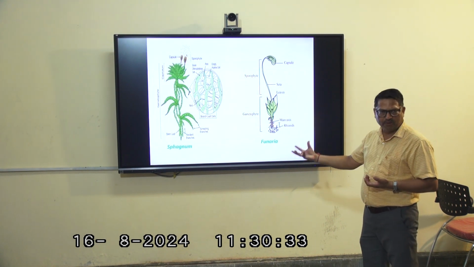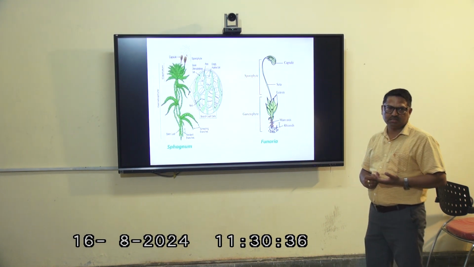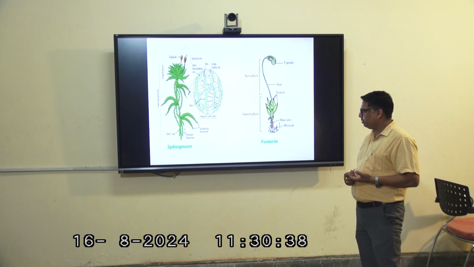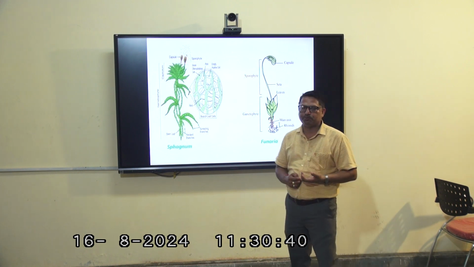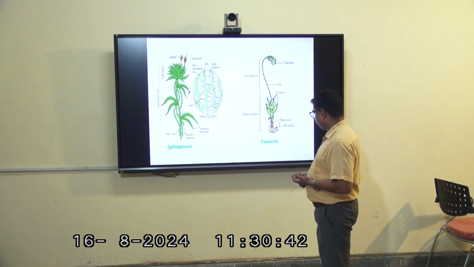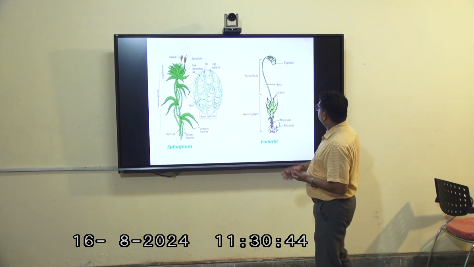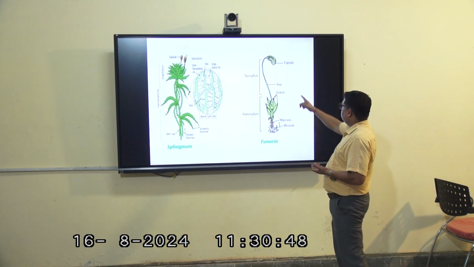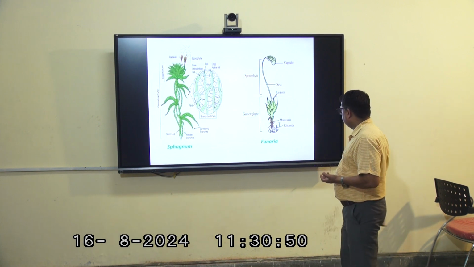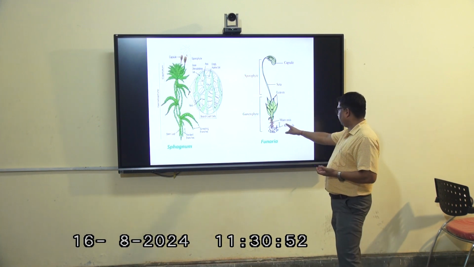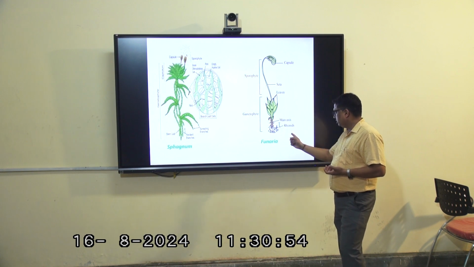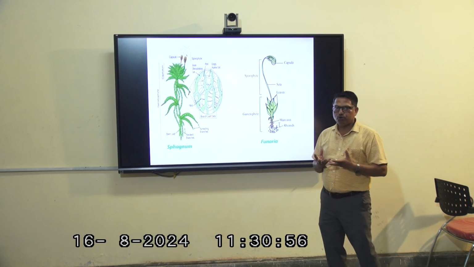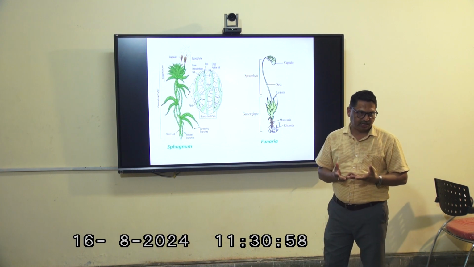This is the most common plant form, occurring as a haploid body, particularly when we talk about the gametophytes, Sphagnum and Funaria. As I already mentioned, they have the fruit body, capsule, seta, and these are the leaves, this is the main axis, and these are the rhizoids. True roots are absent in such plants.